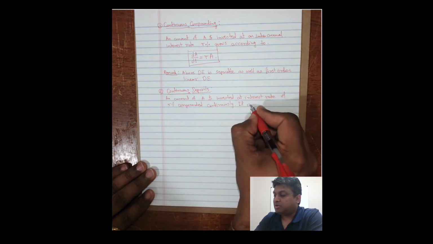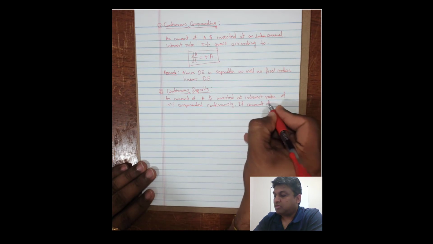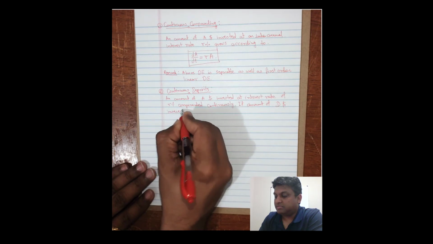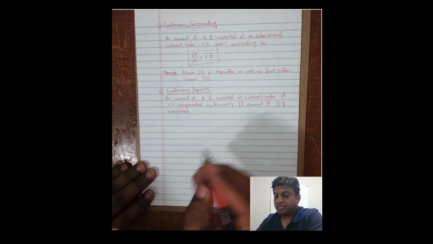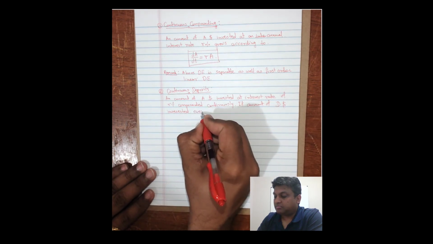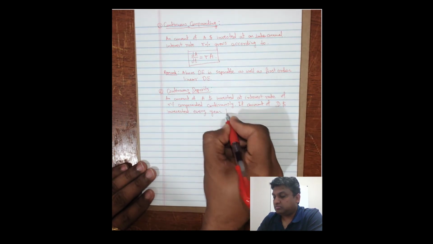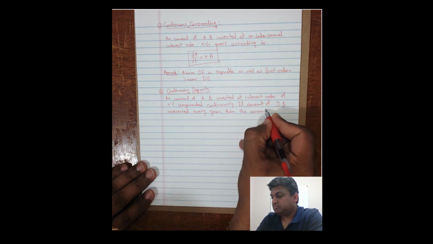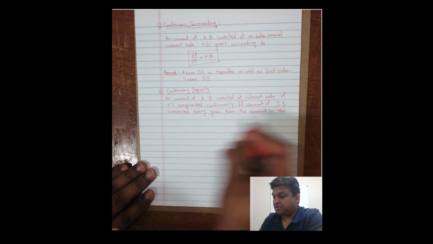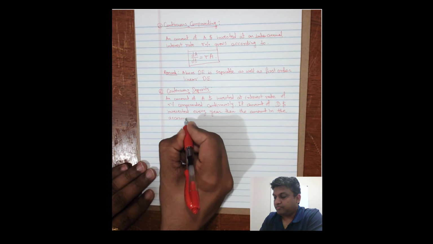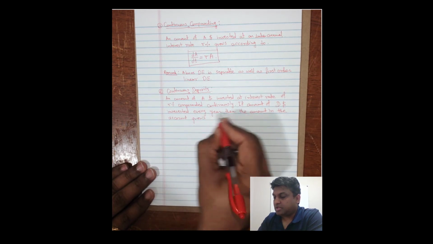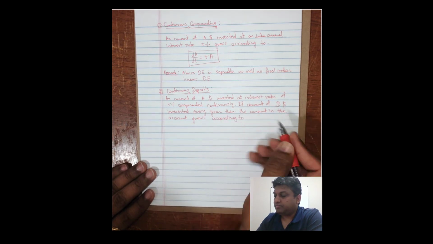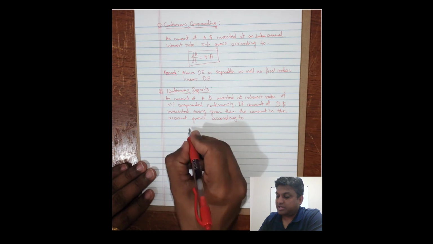If an amount of $D is invested every year, then the amount in the account grows according to the following differential equation.